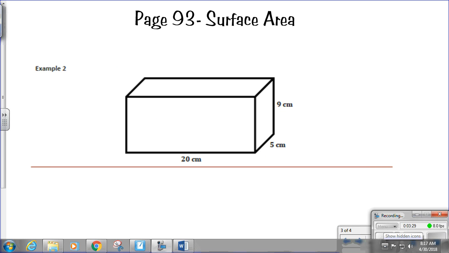Okay, so when you're not provided a net, we're going to actually be applying the formula, and this might seem like a long formula.